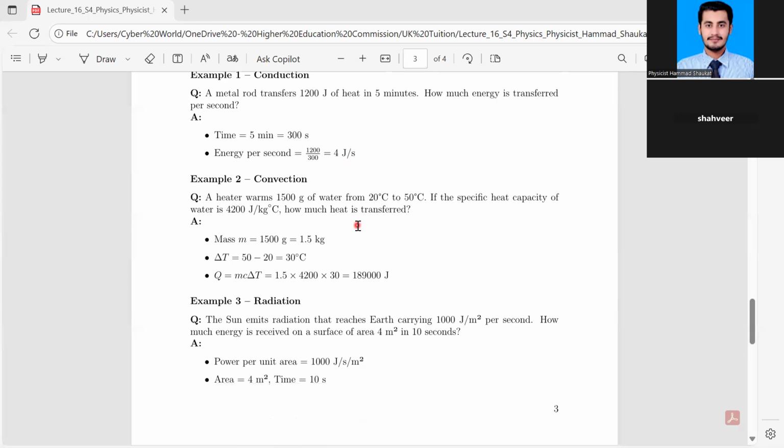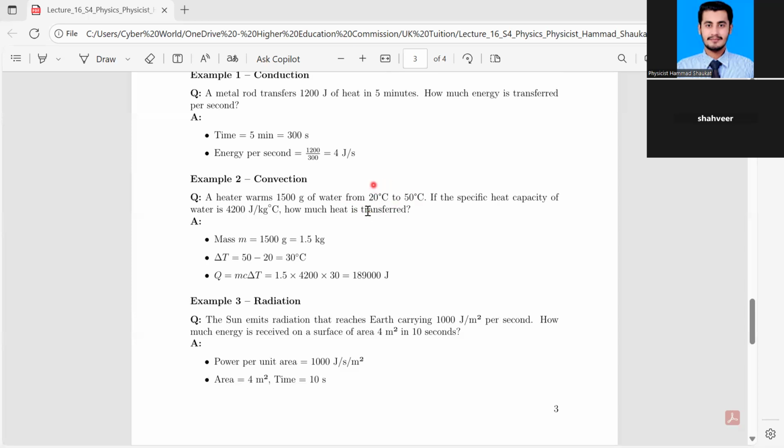The second example is a heater warms 1500 grams of water. So can you tell me what this is? 1500 grams of water. Can you identify it? Mass. Yes, mass. So this is the mass of what? Of water. And the temperature of water is also given, from this to this.